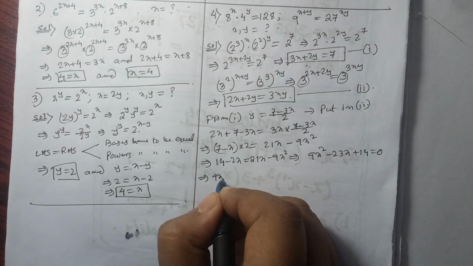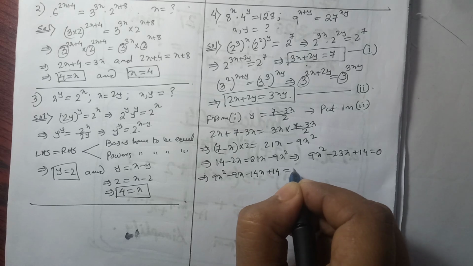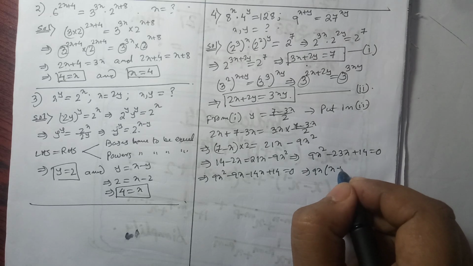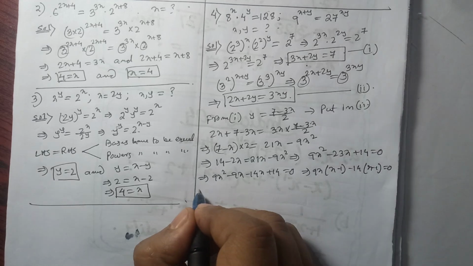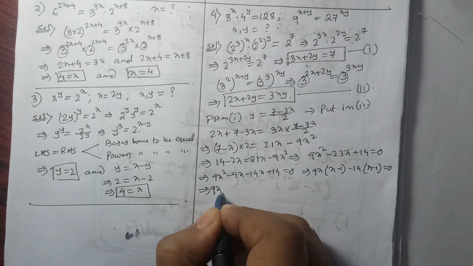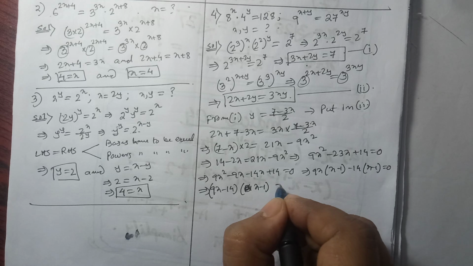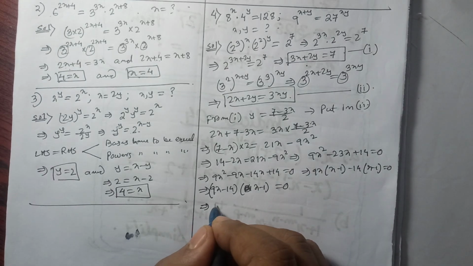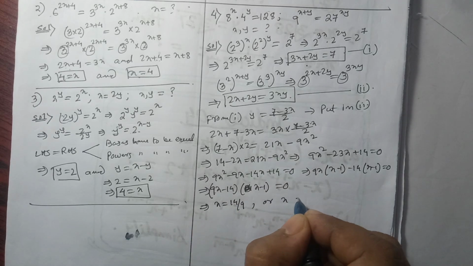This gives me 9x square minus 23x plus 14 is equal to 0. Okay. So this gives us x is equal to 14 by 9 or x is equal to 1.